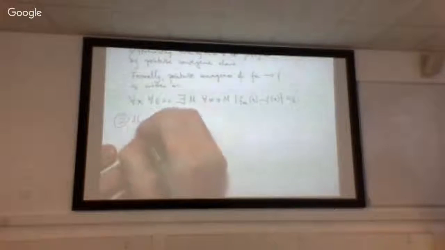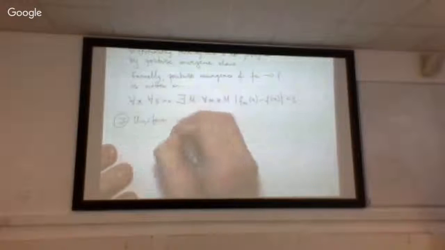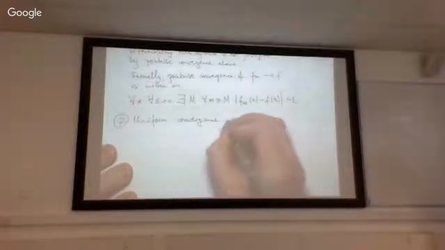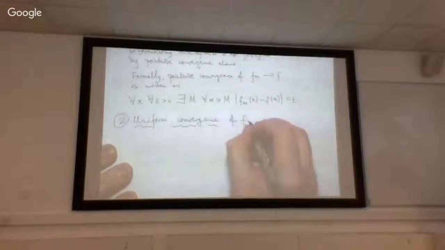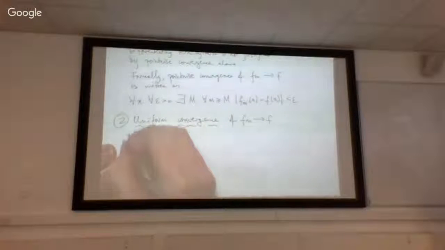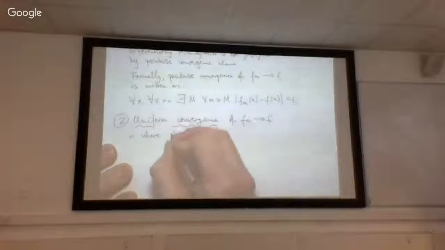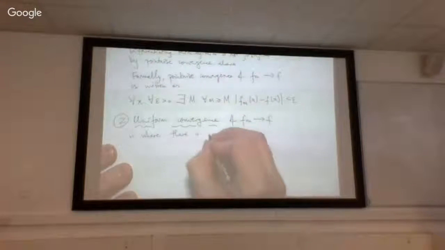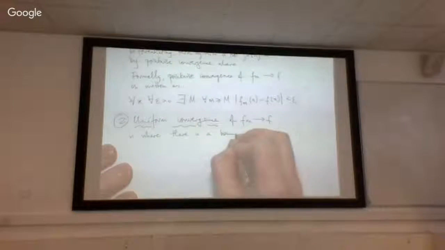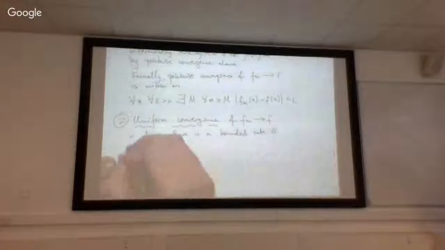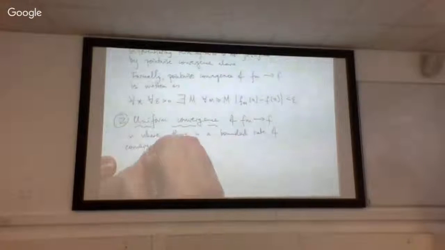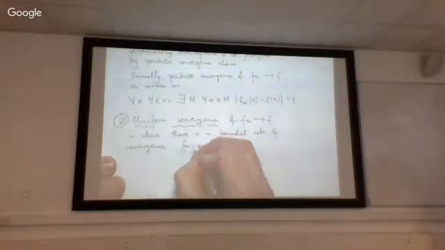So we can look at uniform convergence. So uniform convergence of fm to f is where there is a bounded rate of convergence for all points in the domain.